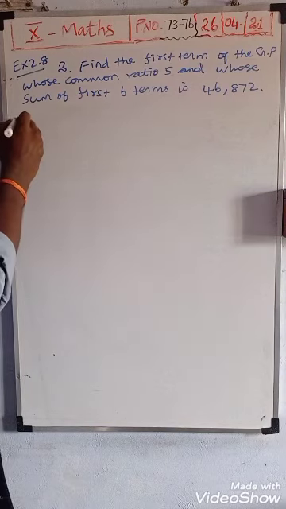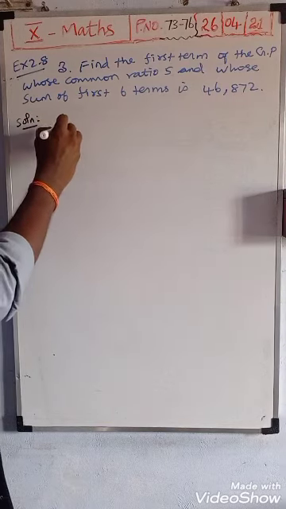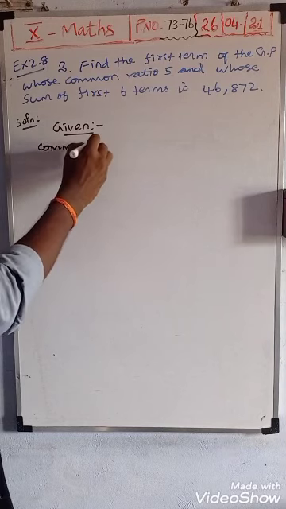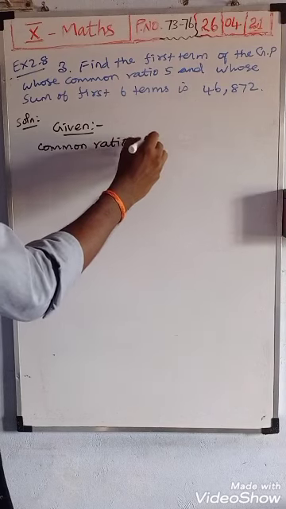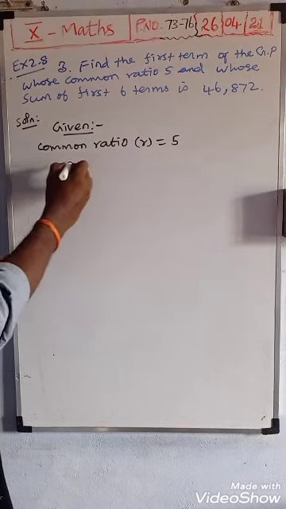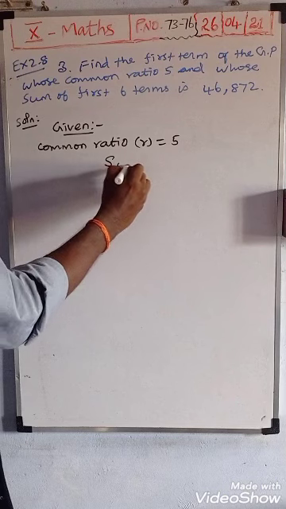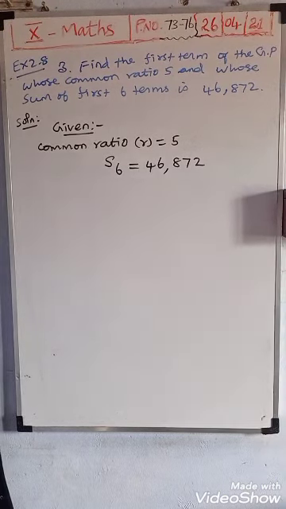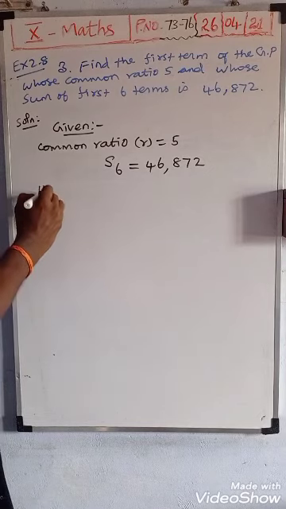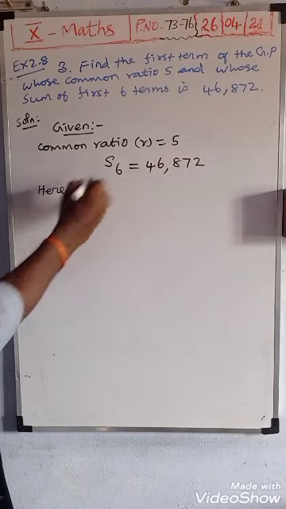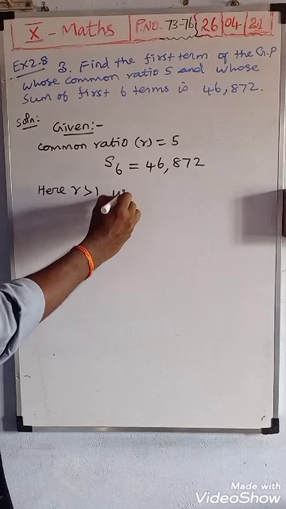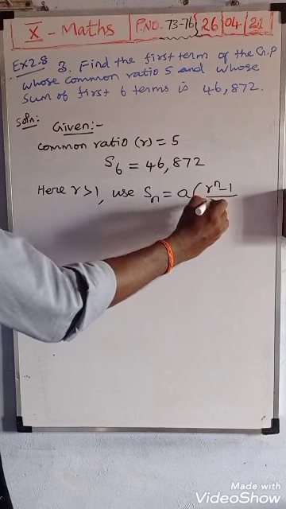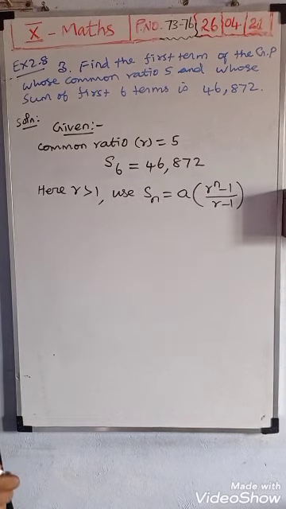So see the solution. First write what is given: common ratio R = 5, and the sum of the first 6 terms S6 = 46,872. Here R is greater than 1, so use Sn = A(R^n − 1)/(R − 1).